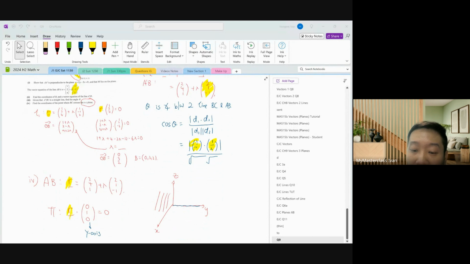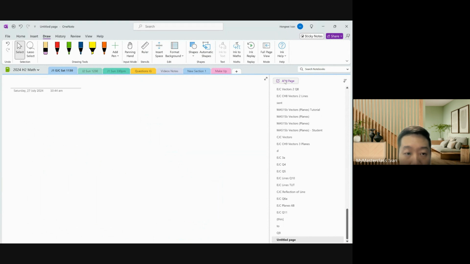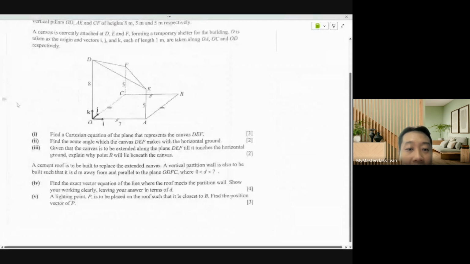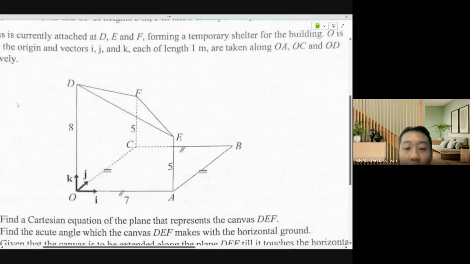Okay, and then the last one I'm going to talk about is 11. So you must understand how to read this thing with the i, j, k over here.